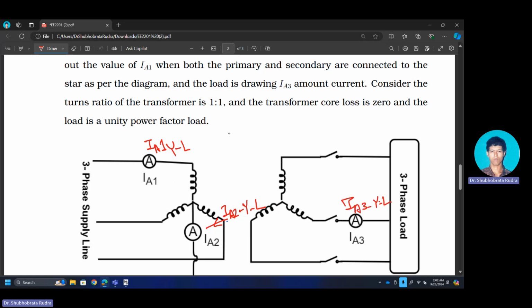So in this case, what will happen? The transformer ratio is 1:1.